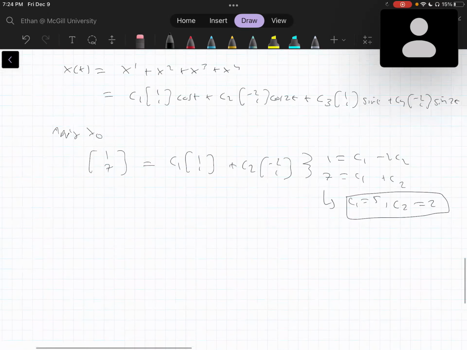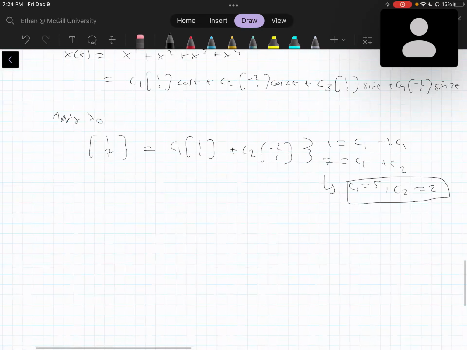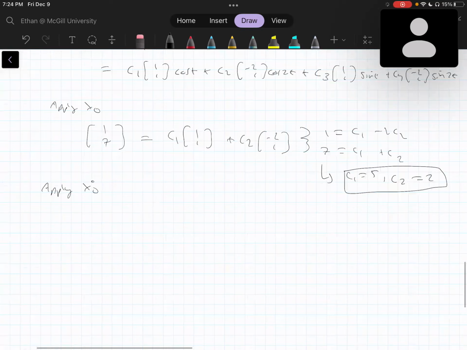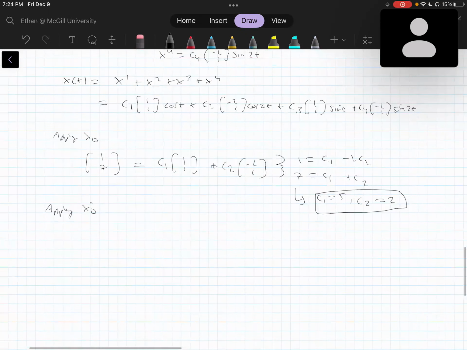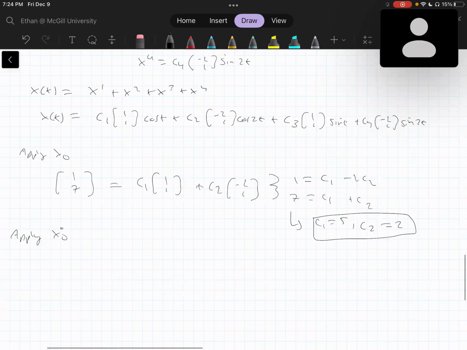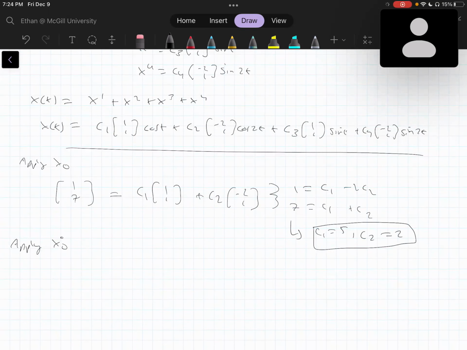In the same way, we apply the initial velocity, which is x naught dot. If we take the derivative of x(t) here, you'll see that obviously the C1 and C2 terms disappear, and we're going to be left with just cosines again when time is equal to 0, and we're going to be left with C3 and C4 to solve for.